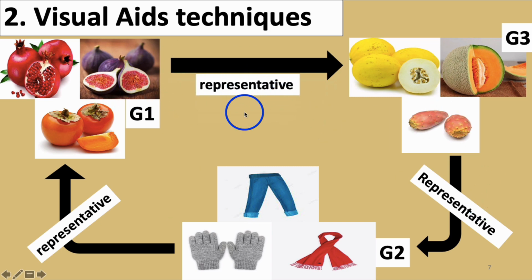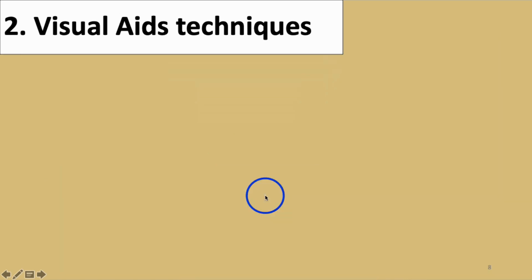It is the job of the representative. The representative of group 1 will teach group 3 about the following items, the representative of group 3 will teach group 2 about the following items, and the representative of group 2 will teach group 1 about the following items. So it's like a jigsaw activity, right?